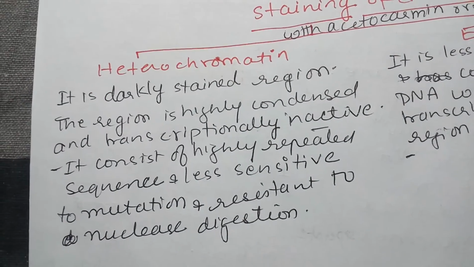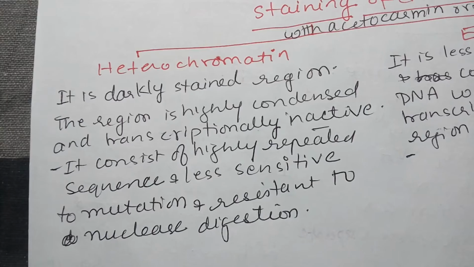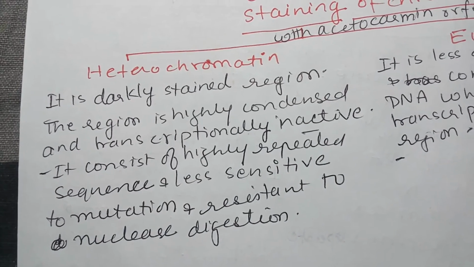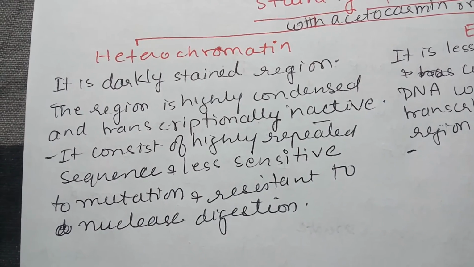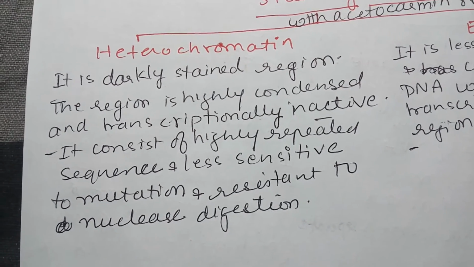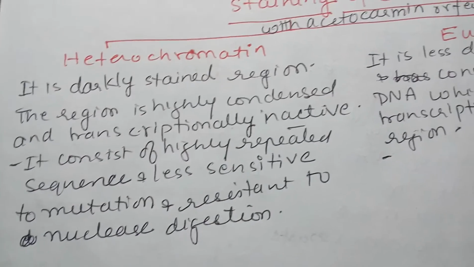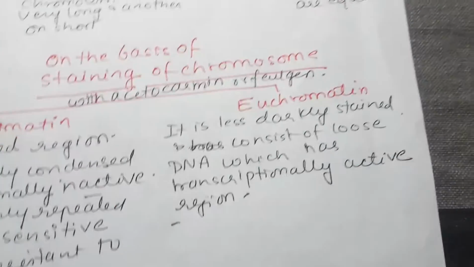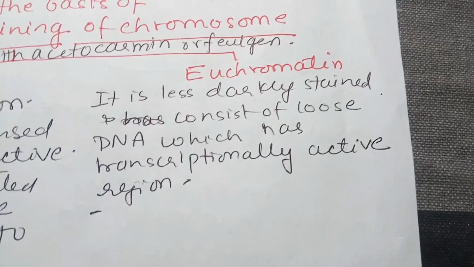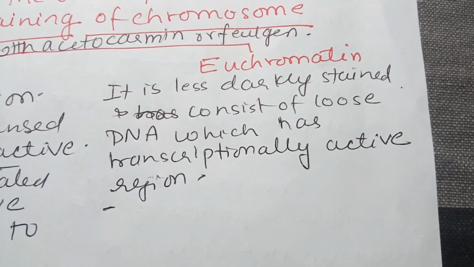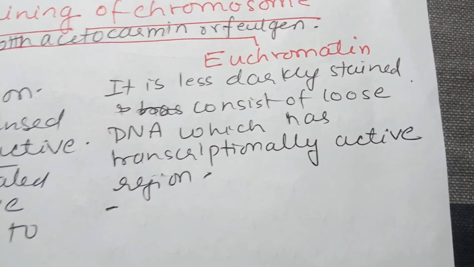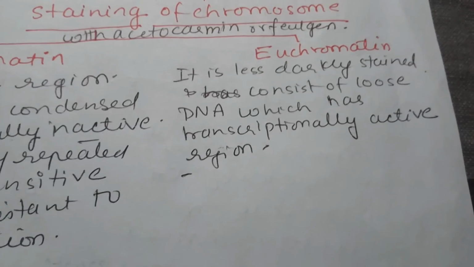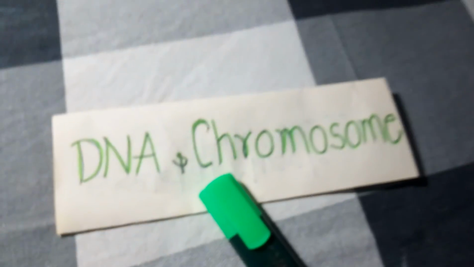Heterochromatin is the darkly stained region, which is highly condensed and transcriptionally inactive. It consists of highly repetitive sequences, is less sensitive to mutation and is resistant to nuclease digestion. Whereas the less darkly stained region is called euchromatin. It consists of loose DNA and is the transcriptionally active region. So this is all about DNA and chromosome.